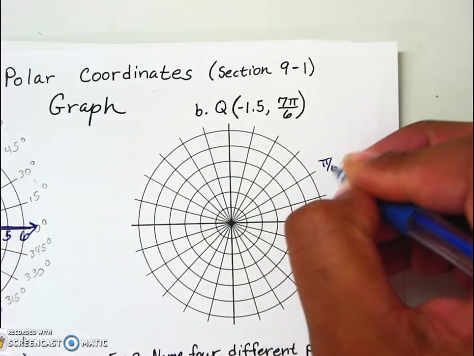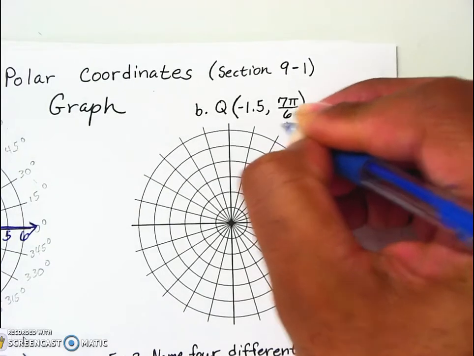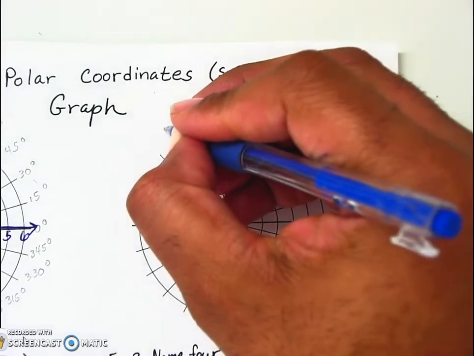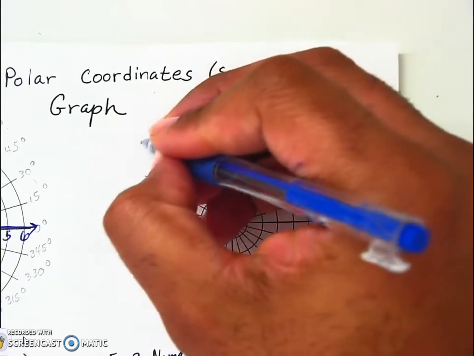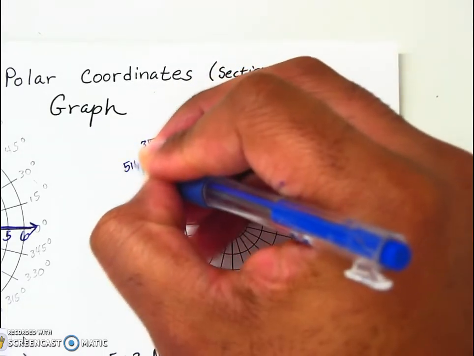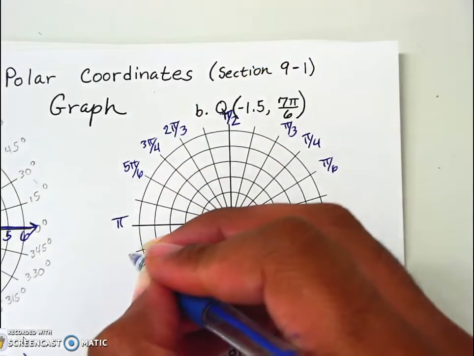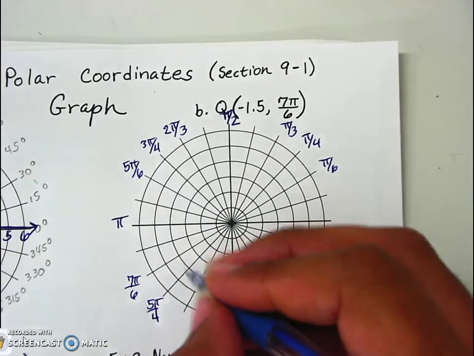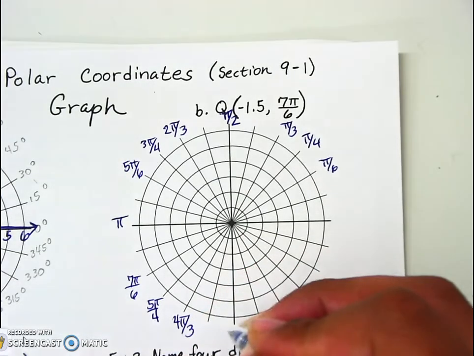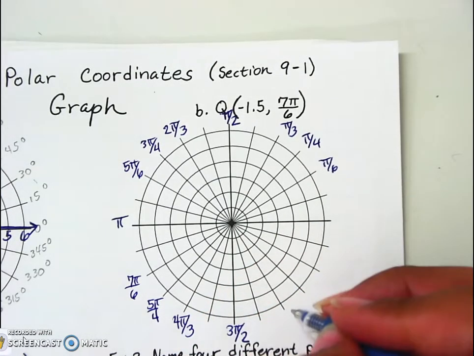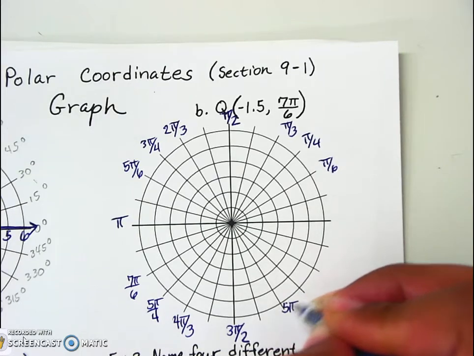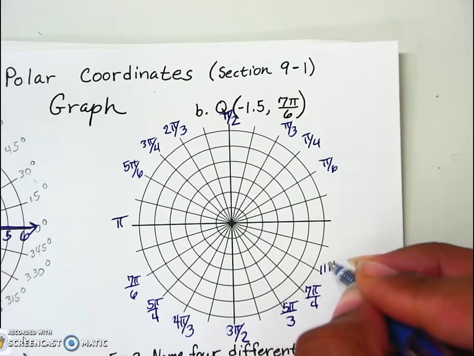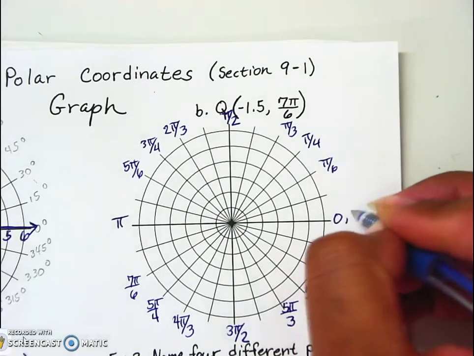So we have pi over 6, pi over 4, pi over 3, pi over 2, 2 pi over 3, 3 pi over 4, 5 pi over 6, and then pi, and then 7 pi over 6, 5 pi over 4, 4 pi over 3, 3 pi over 2, 5 pi over 3, 7 pi over 4, 11 pi over 6. And again, this is 0 and 2 pi.